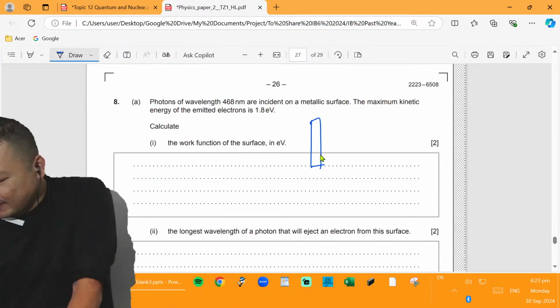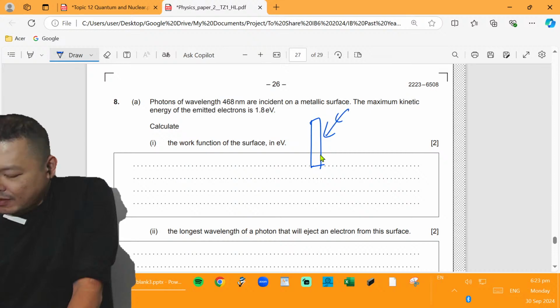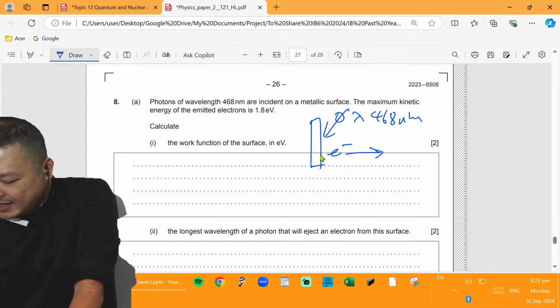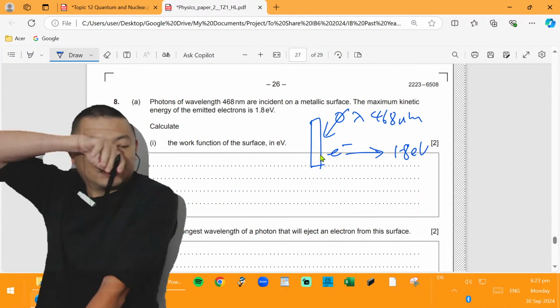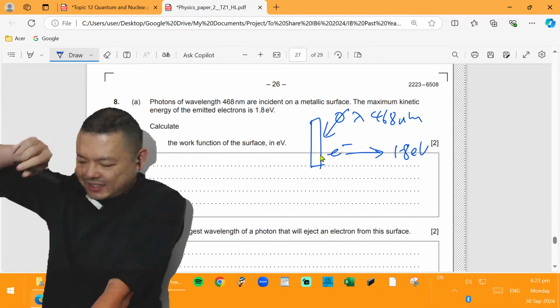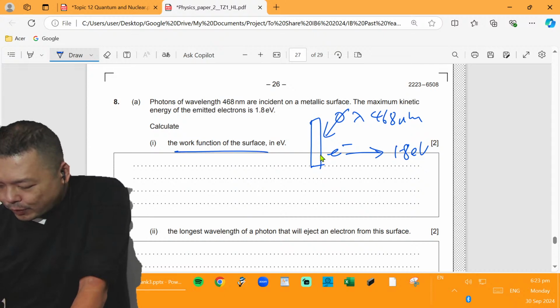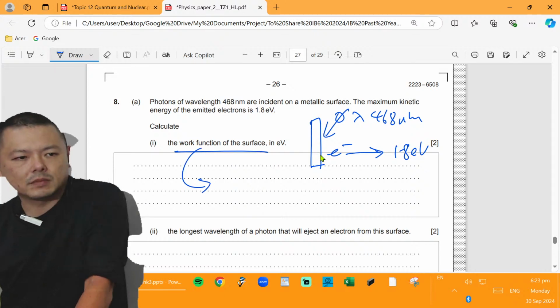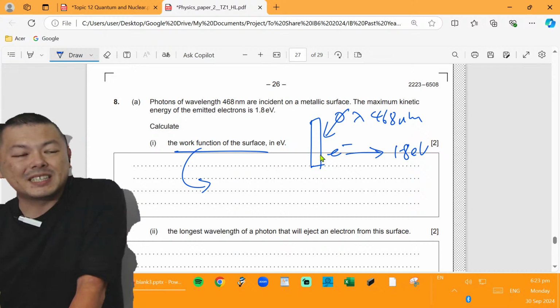Okay, metal plate, photon, wavelength, force x8 nanometers. Electron comes out, KE 1.8 eV. Correct or not? You worked out the work function. What's the work function? How much? 0.86 what?